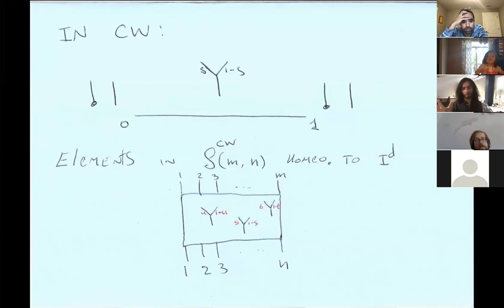And the attaching map of that cube into the space is again given by cutting off one of the strands when it goes to 0, and replacing that, cutting it off and capping it with the co-unit. So in the CW context, we can also try to understand better what this properad looks like, maybe if there are connections with earlier work, and that's what we're going to do now.